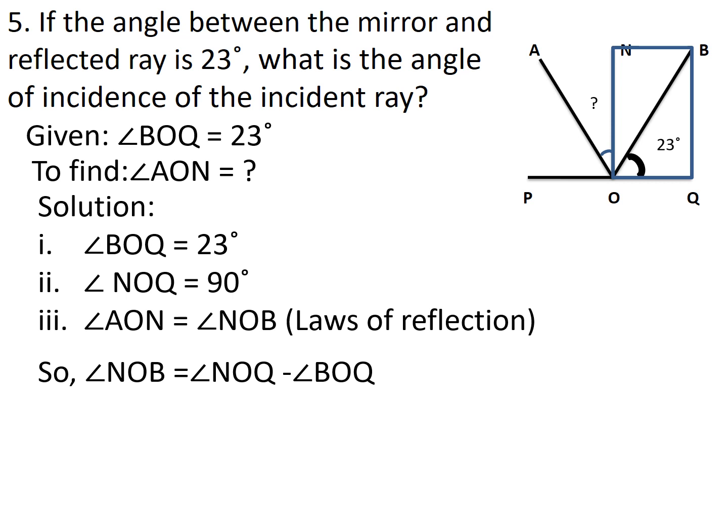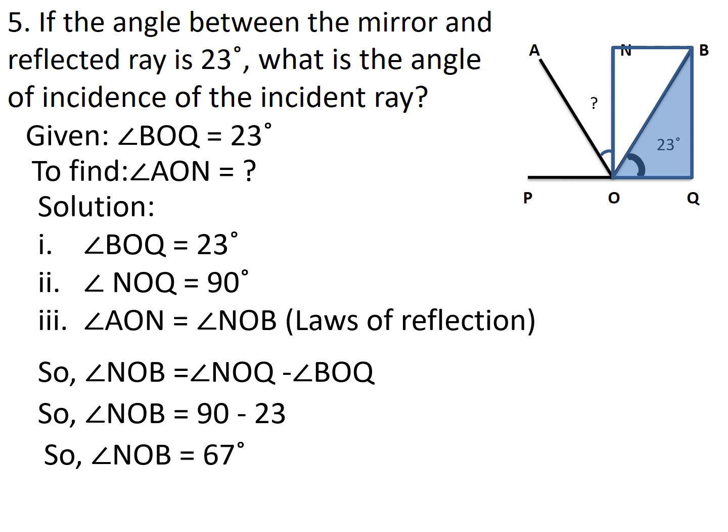From this entire region, if I subtract what I know, I will get what is unknown. From that entire 90, if I subtract 23, I will get NOB. So angle NOB is equal to 90 minus 23. When I do 90 minus 23, I get 67. So NOB, I have got as 67.